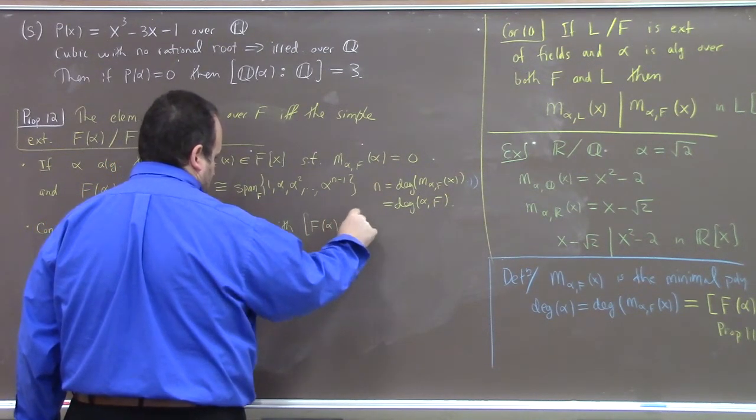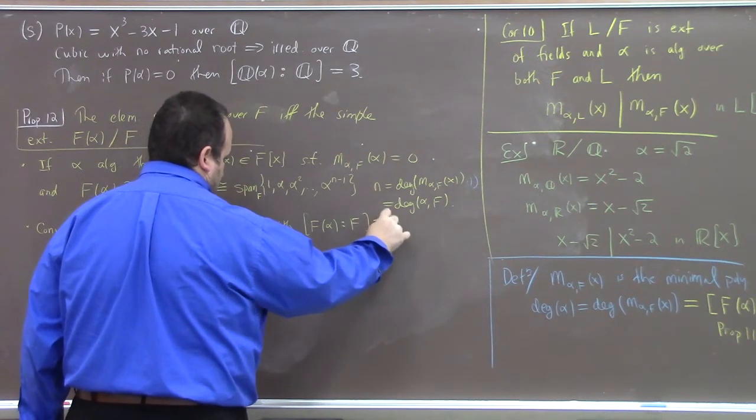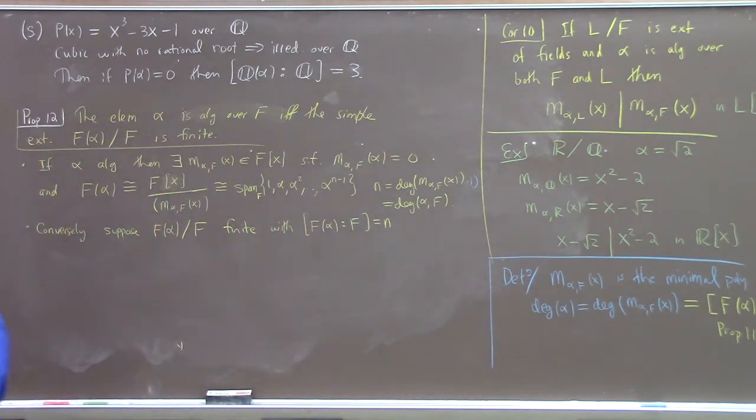Let's suppose that the dimension is equal to n, all right? So we're supposed to show that alpha is algebraic, right?